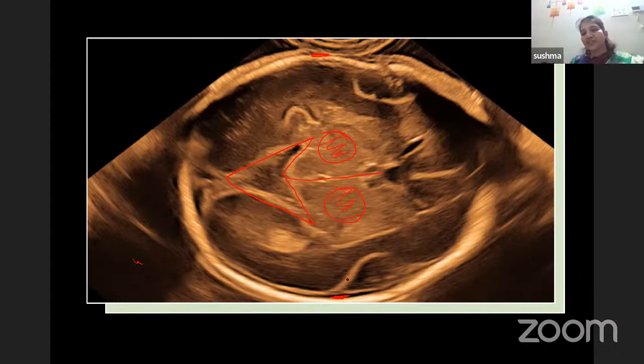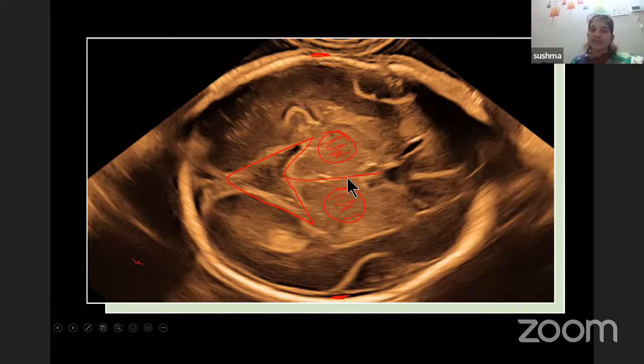So the important features that we have to see in transthalamic plane, when we start from outside, we have to see the skin and the cranial vault. The cranial vault should be intact and continuous. In the center, we should be able to see a midline falx.